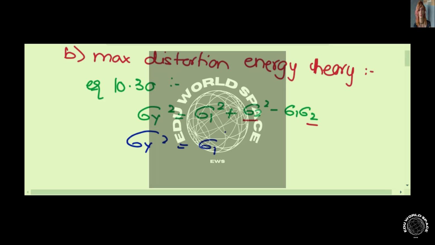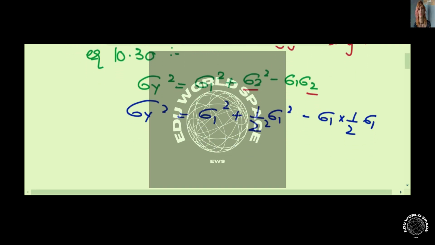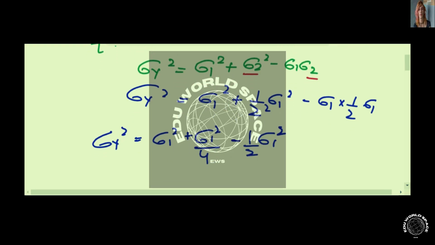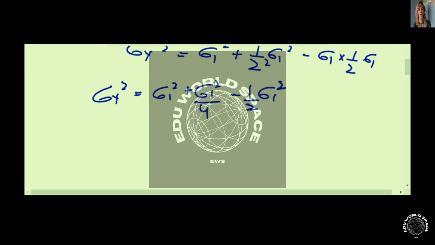So I'll have 1 divided by 2 sigma sub 1 squared, minus sigma sub 1 times 1 divided by 2 sigma sub 1. Now I am going to simplify this equation. So I have sigma sub 1 squared divided by 4, minus 1 divided by 2 sigma sub 1 squared. Now I'm going to simplify it.